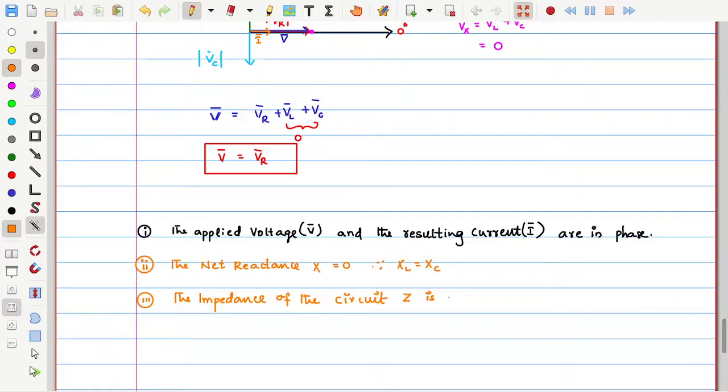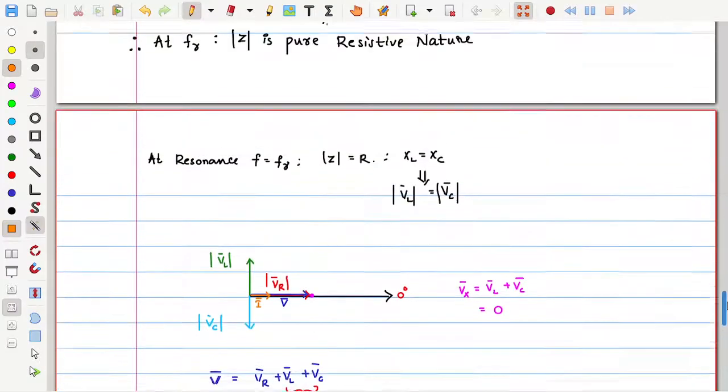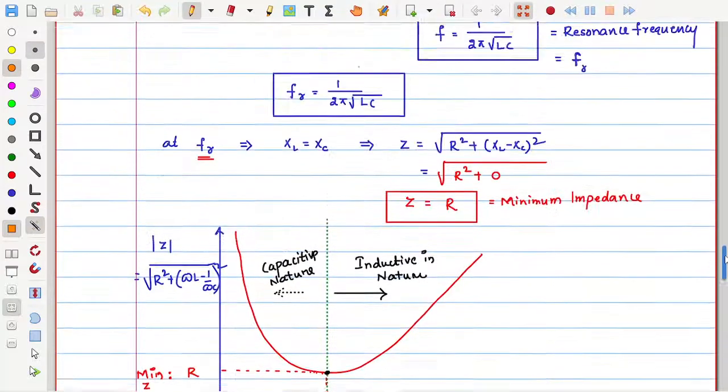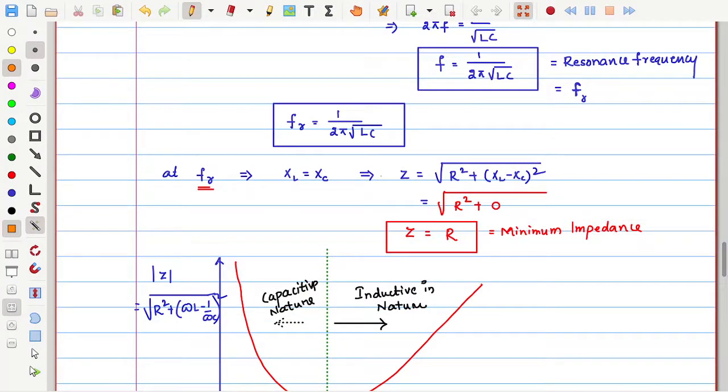Why am I saying this is minimum? See here, we had seen that the impedance is the square root of R square plus XL minus XC whole square. Under resonant condition, this term goes to 0. That means that is the minimum value of the impedance.